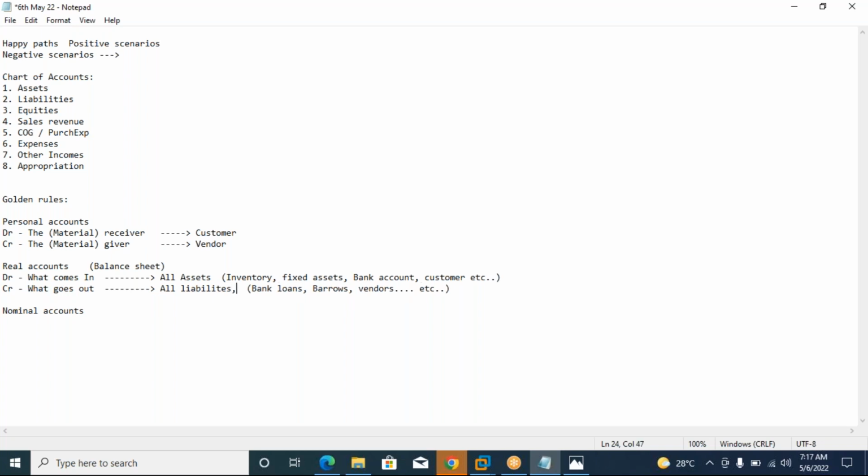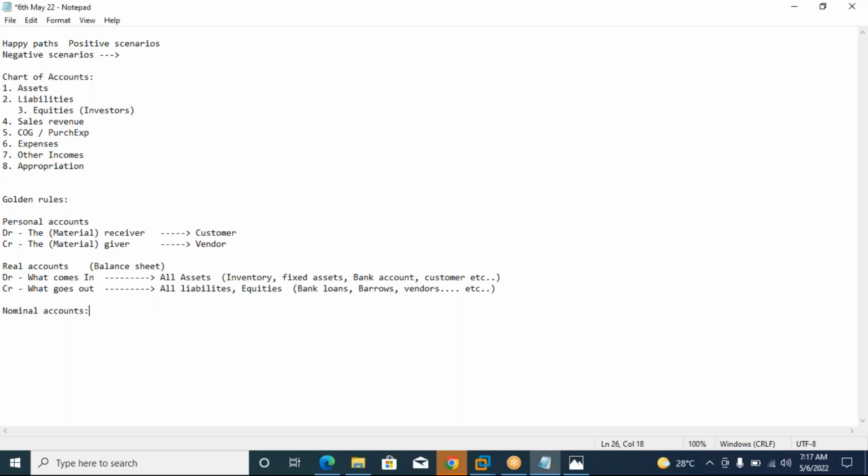All liabilities and equities. Actually, equities is a part of liability. Equities means investors, who invested money for the company. The company needs to pay, so it is liabilities.